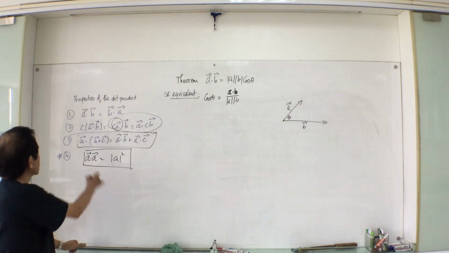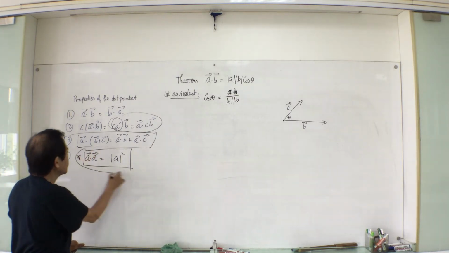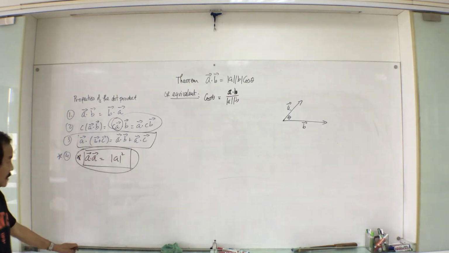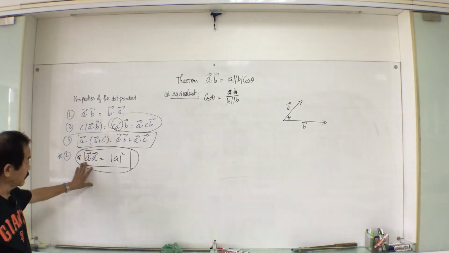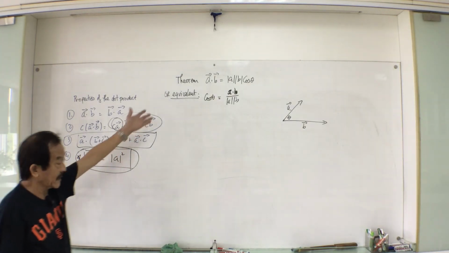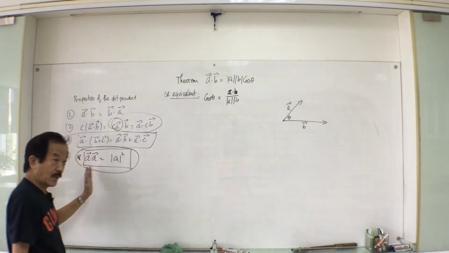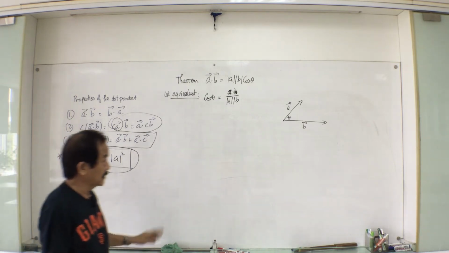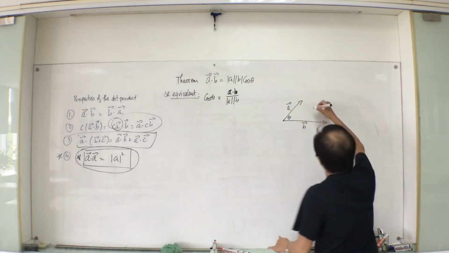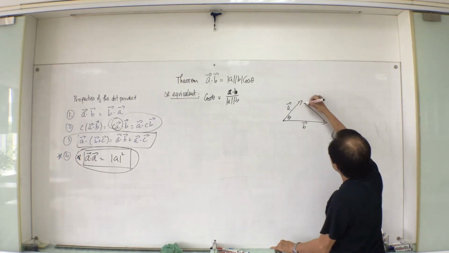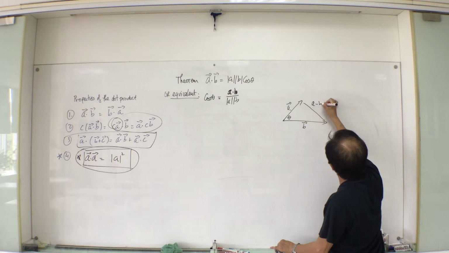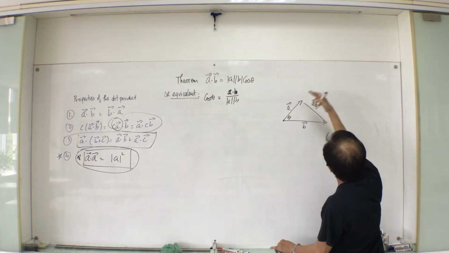First of all, this one here I mentioned is the most important property of the dot product. So we can derive the formula based on what we already proved here. So now we use the law of cosine. The vector here could be, you can do both directions, A minus B, or B minus A, you get another vector.